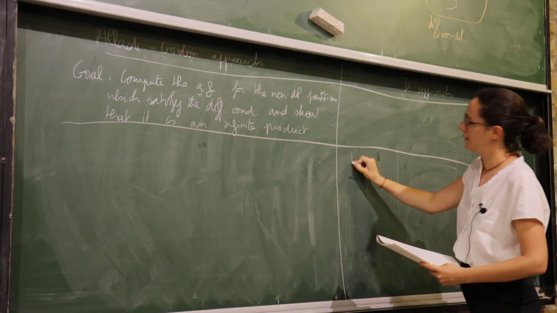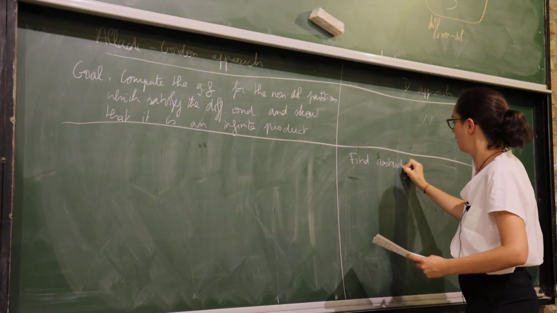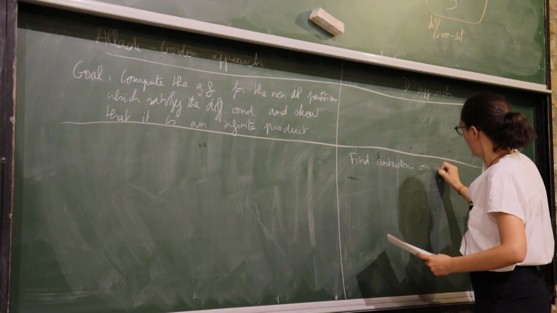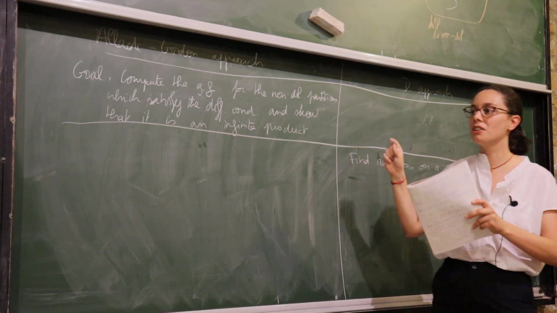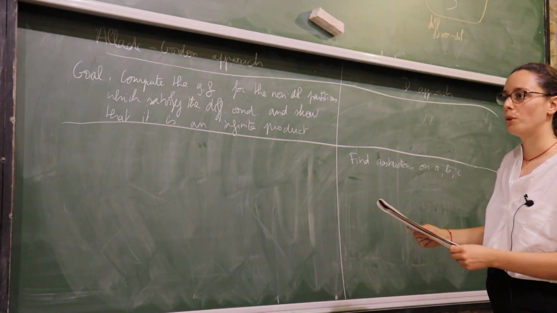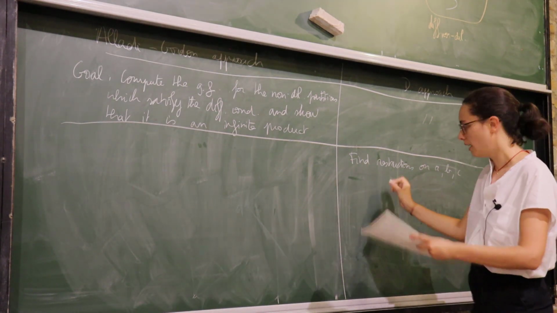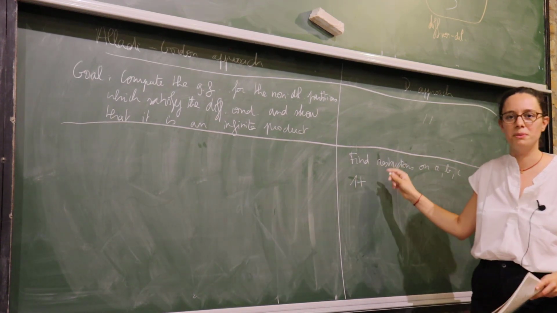We want to find some possible restrictions on A, B, C. So what I do is I just look at the very first terms of the generating function for partitions with difference conditions. Here we would have, of course, always the empty partition is okay.